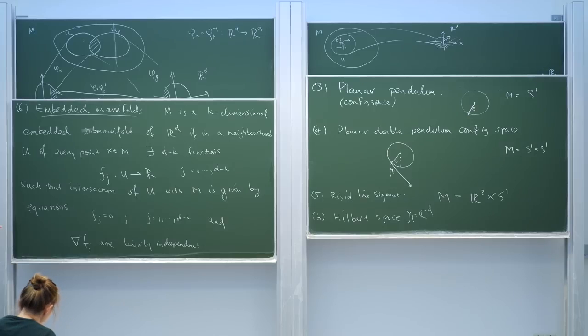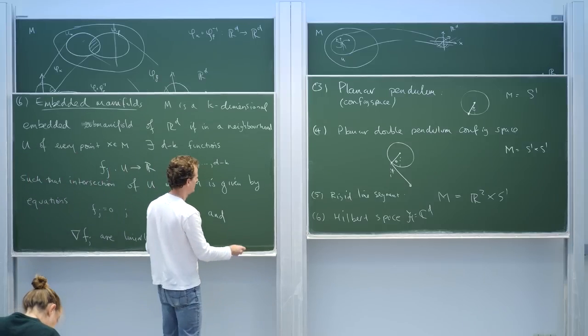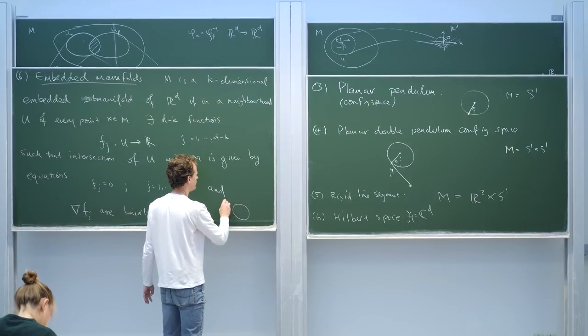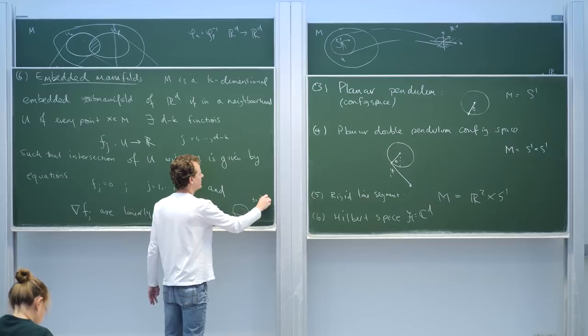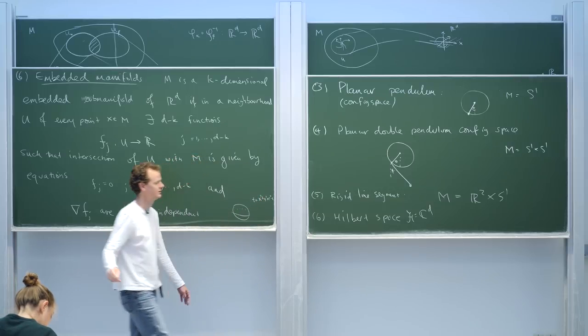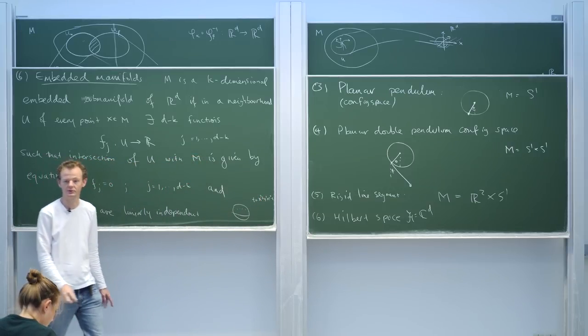Take the intersection of the sphere with a paraboloid. There's two equations now that define that, and it's some curvy circle. Try and draw that. That's one equation, f equals x squared plus y squared plus z squared minus 1. That's the equation that vanishes on the surface of the sphere.